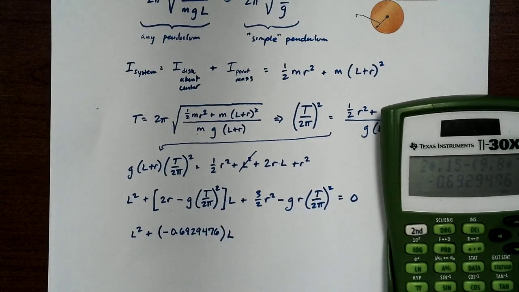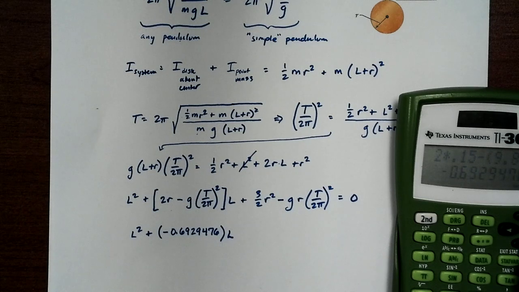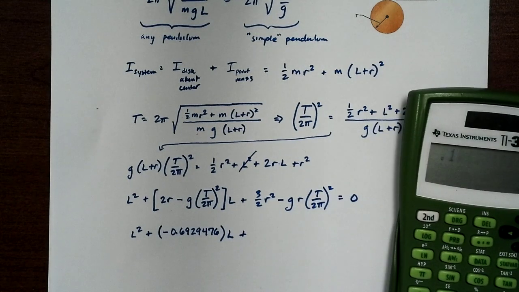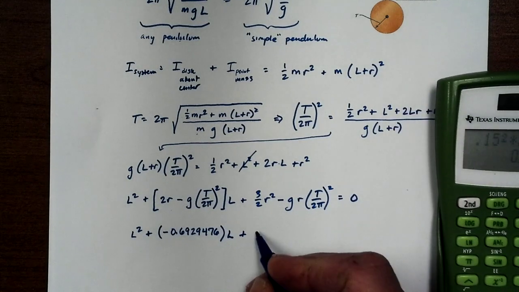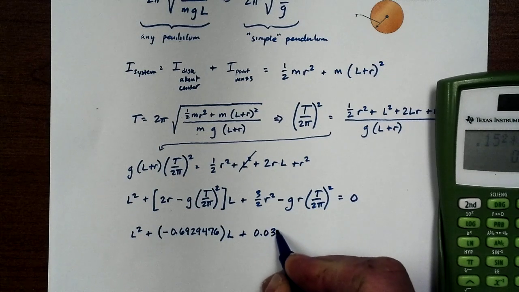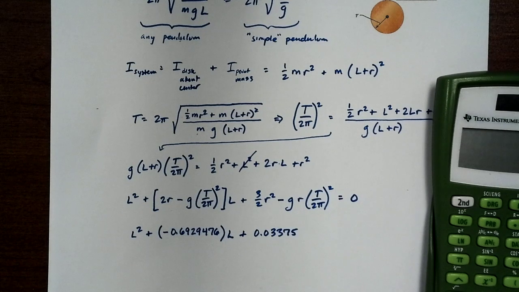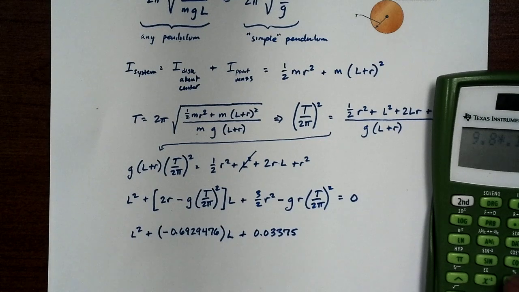Now I need all of this stuff, which is the stuff that doesn't have L in it. So 3/2 r squared is 0.03375. Then g r times t squared over 2 pi squared, so 9.8 times 0.15 times, now 2 over 2 pi again is the same as 1 over pi, and that's all squared.